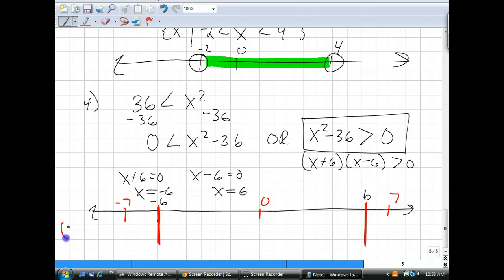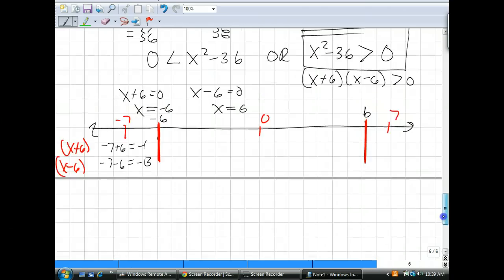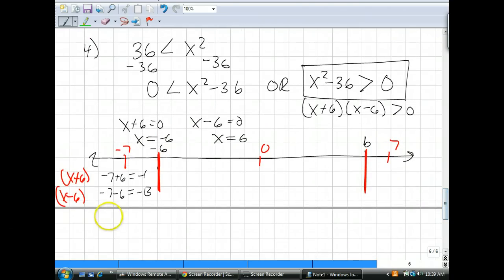Then I take my factors, and then I plug in the number from each section. So -7 plus 6 gives me -1, -7 minus 6 gives me -13. So I have a negative times a negative, so that's going to be a positive value.